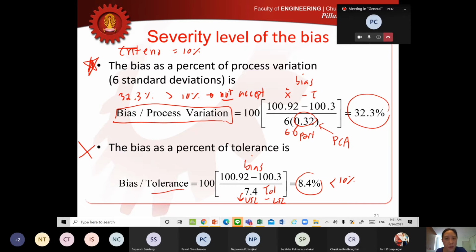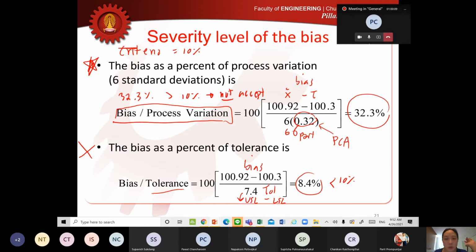We have to go back and investigate the measurement system to see what caused the bias. Is there something wrong with the gauge, or something wrong with the measurement method? If we can find out, we can fix it to reduce the amount of bias in the future. So this is the whole process for doing bias appraisal.